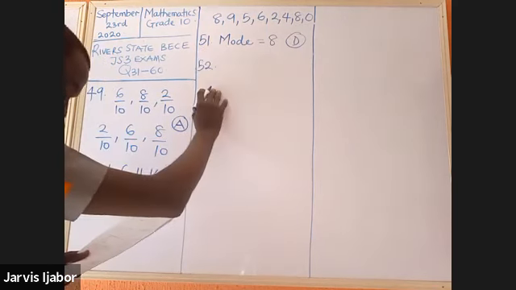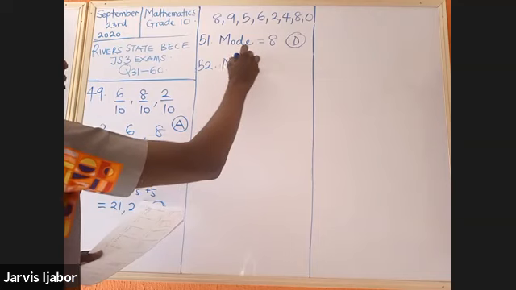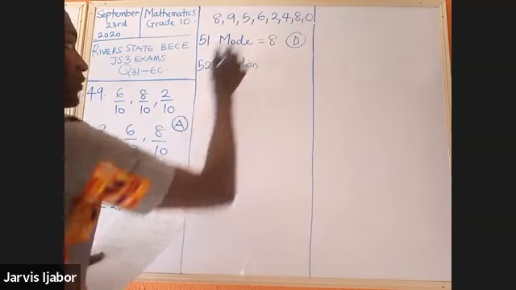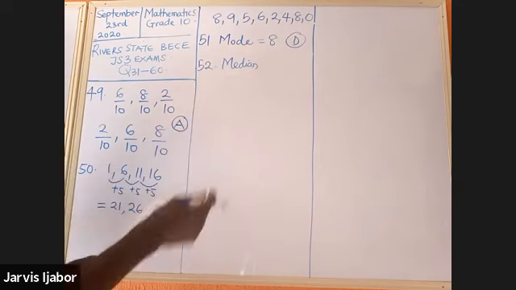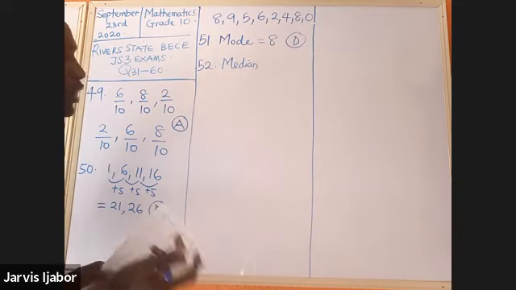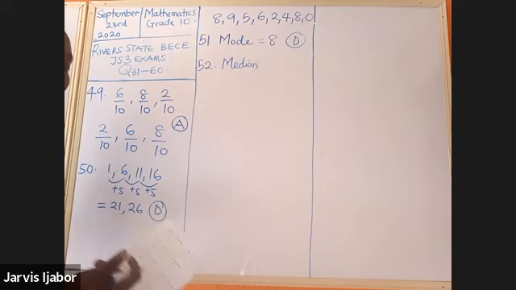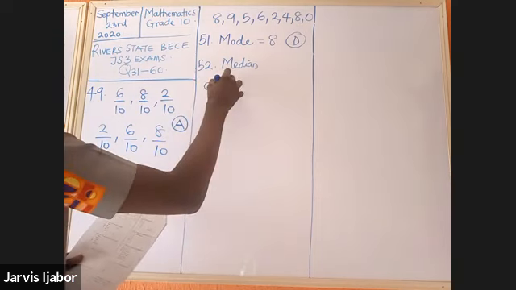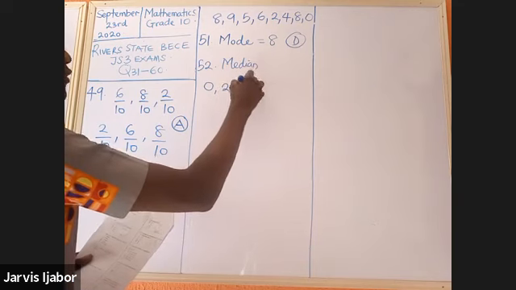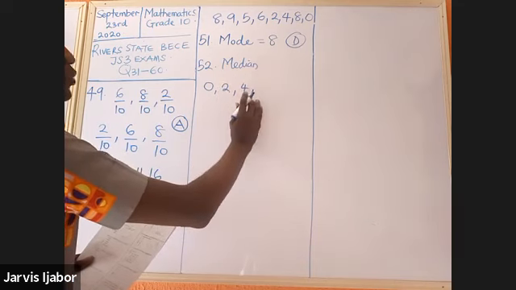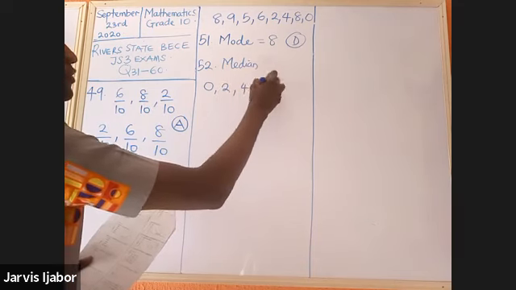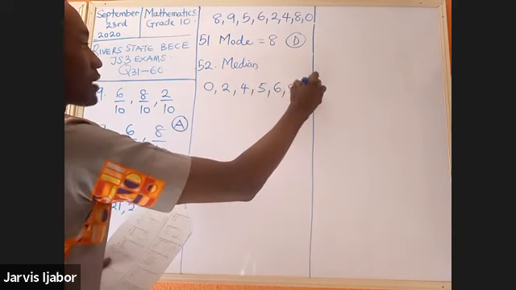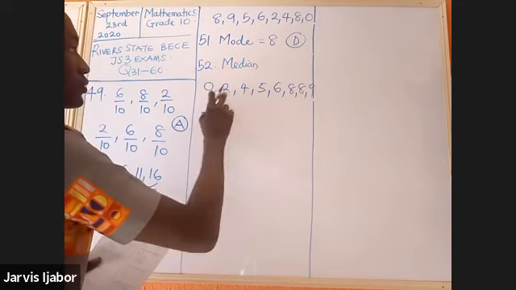In question 52, you are told to look for the median. To get the median, you have to rearrange this first, either in ascending or descending order. Whichever way you arrange them, the median will still occur. So I'll start with 0, 2, 4, 5, 6, 8 twice, and 9.